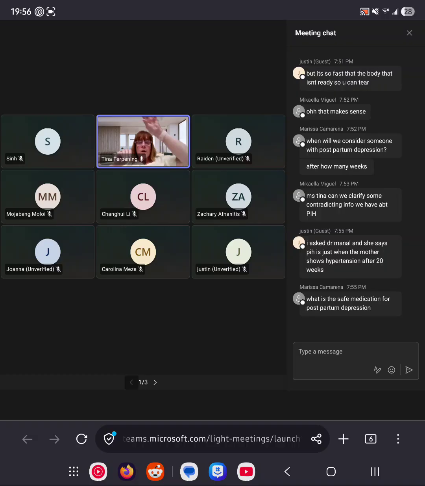Gestational is when they have high blood pressure without proteinuria and edema of the hands, face, and sacrum that occurs after 20 weeks. PIH is either mild or severe with proteinuria and edema. They must have all three to have PIH. And you have a slide that gives you a picture.